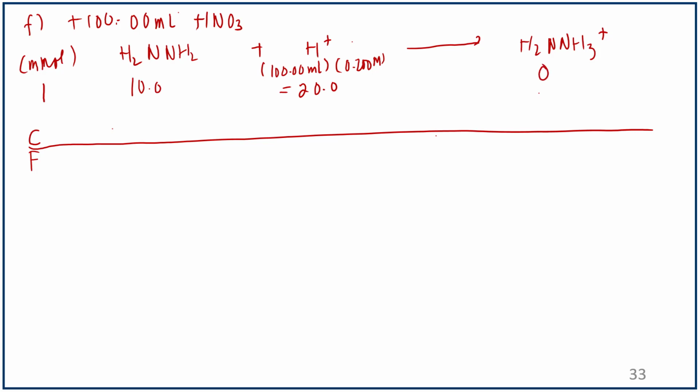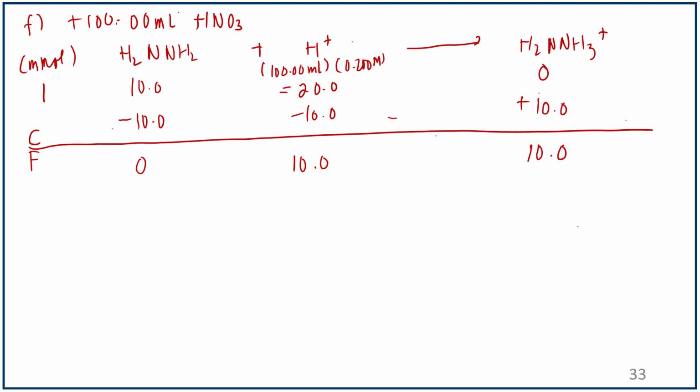Now this time hydrazine is the limiting reagent, so at this point it has been fully consumed. And then we will end up with no hydrazine. We have around 10 millimoles of H plus and around 10 millimoles as well of hydrazonium ions.